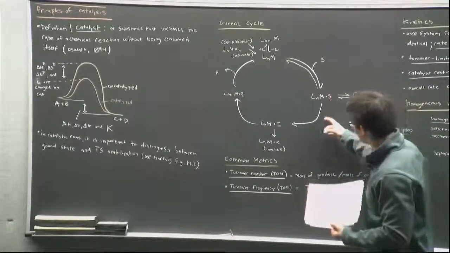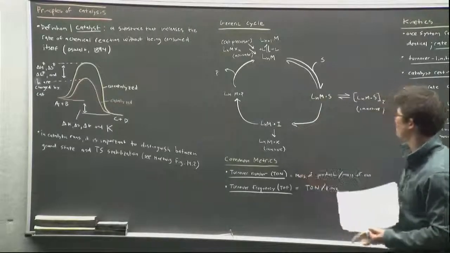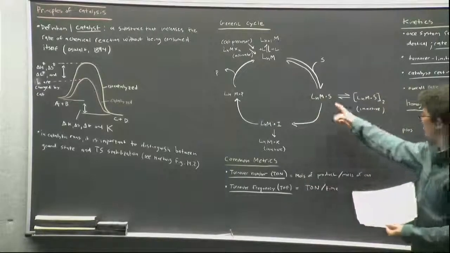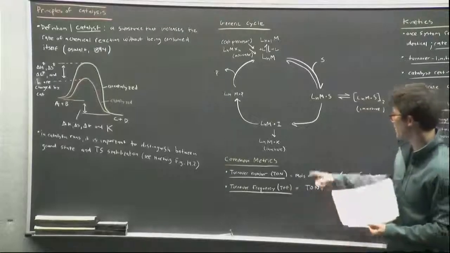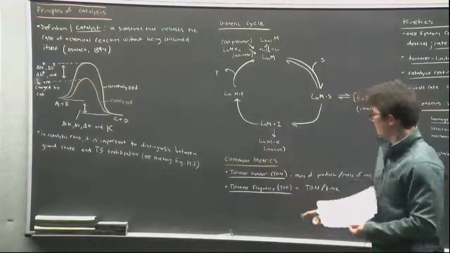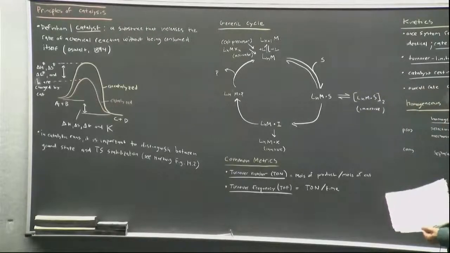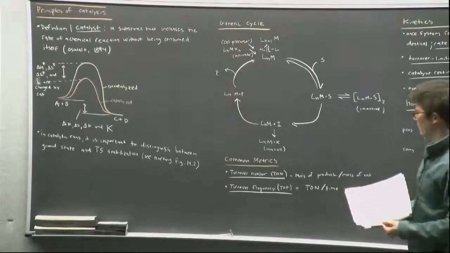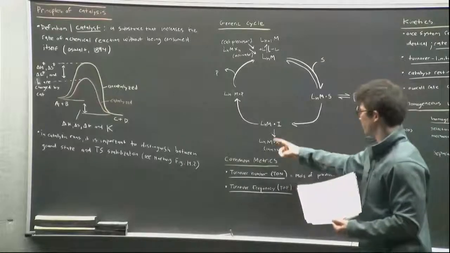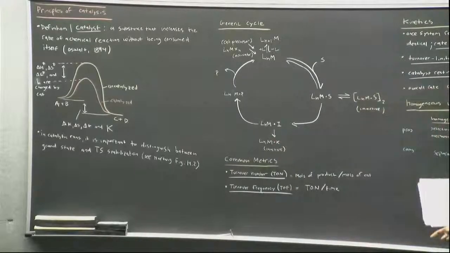And then there's going to be some reaction that takes place. In this case, it's depicted as a unimolecular reaction where the substrate is transformed to some intermediate bound to the metal. Here, too, there's another opportunity for deactivation. And in this case, the deactivation is shown as being irreversible.